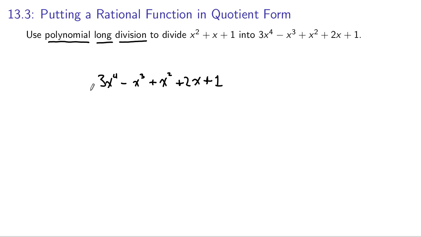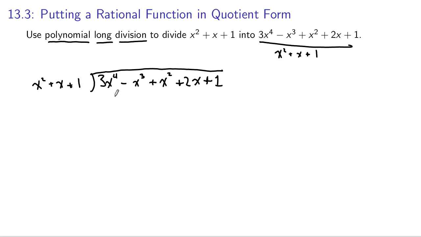And then we're going to put the division house or division bar over our numerator. I said the wrong thing to begin with. This is the top of our fraction. So we're going to take this and divide x squared plus x plus 1 into it.